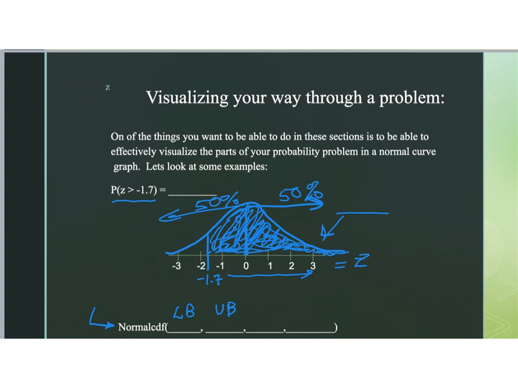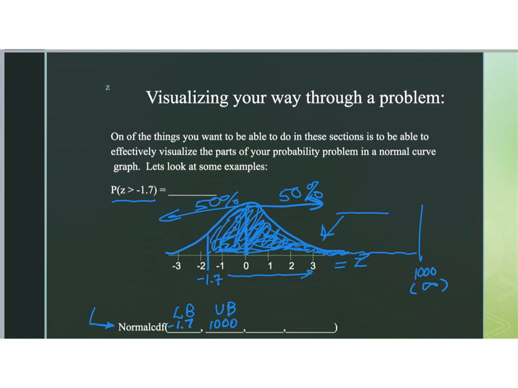And since this goes to the right and it's basically unbounded, we just have to pick an upper boundary that basically represents infinity for us. So I'm just going to put 1,000, because if I were 1,000 standard deviations out, I'd be well beyond several decimal points worth of accuracy here.